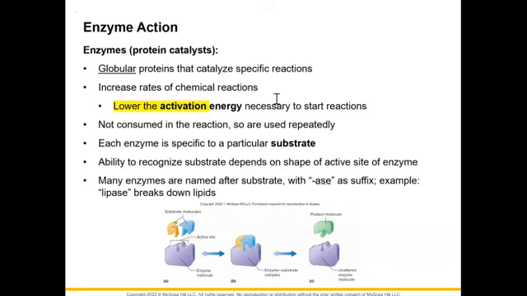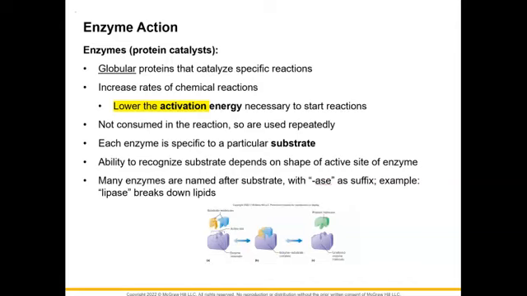So you can see here in this picture that we have an enzyme shown in purple, and it's going to bind to two substrate molecules. So let's pretend that this is a monosaccharide and this is a monosaccharide, and here we have our enzyme.